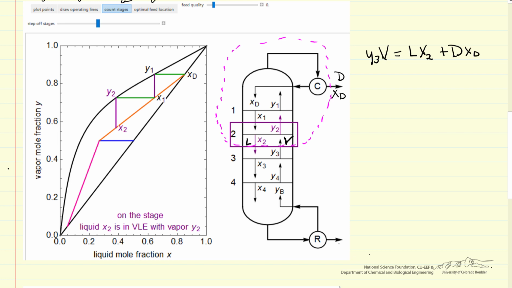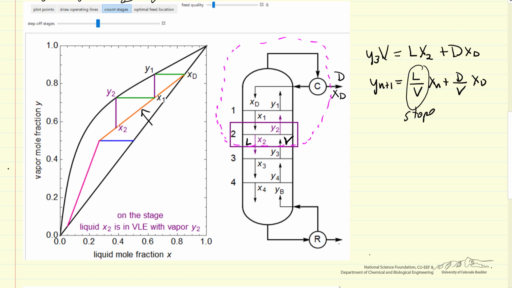I can generalize this, and rearrange it slightly by dividing through by the vapor flow rate: Yn+1 equals L over V times xn plus D over V times xD. So this would be the slope of this line here.